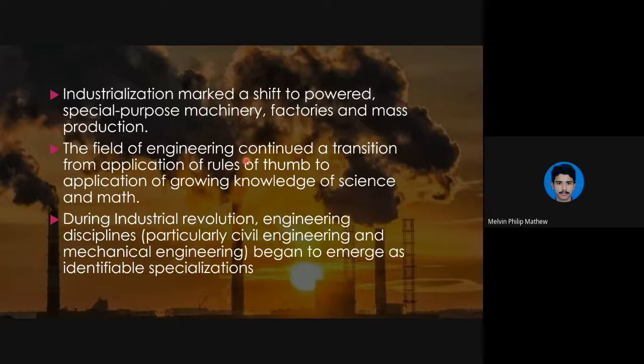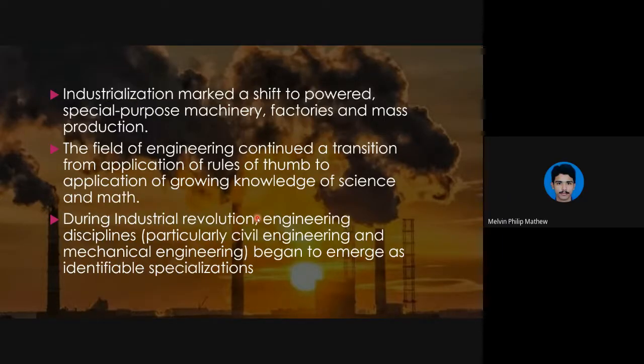So the field of engineering was introduced into industrial engineering, and basically civil engineering and mechanical engineering were introduced, and this introduction of the engineering field into industrial engineering resulted in better mass production and the development of factories and machineries inside the factories. This is how incorporating the field of engineering changed or paved the way for industrialization.